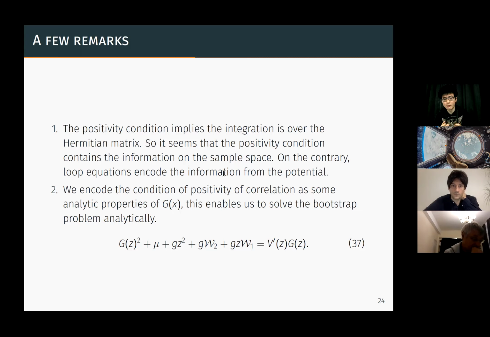And for more involved sample spaces, we have other moment problems to deal with. So we solved the first problem.